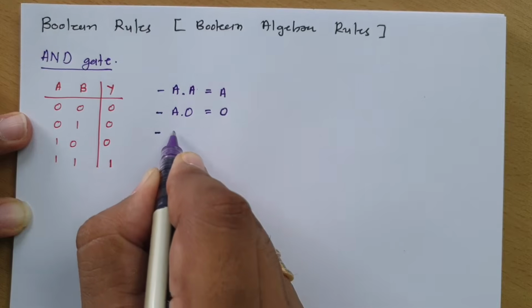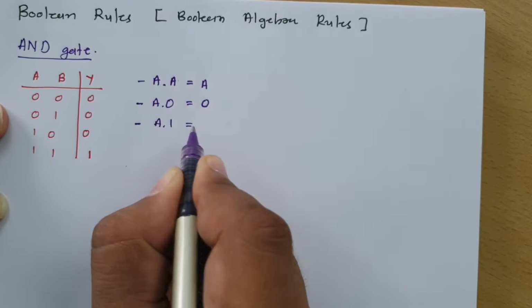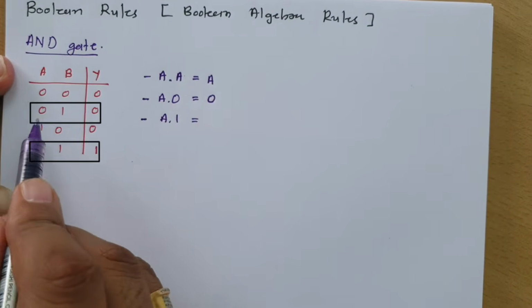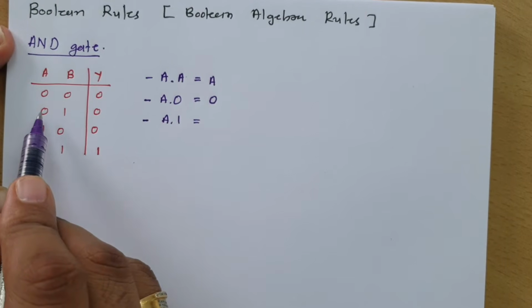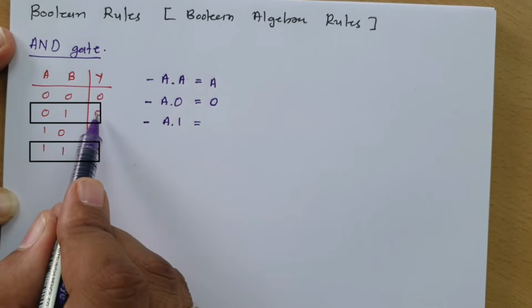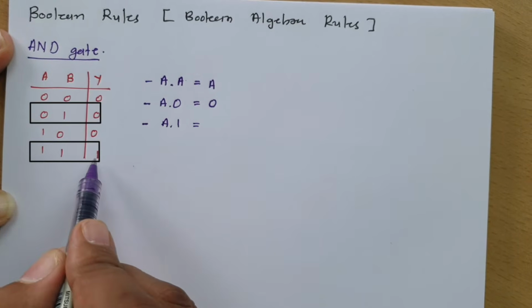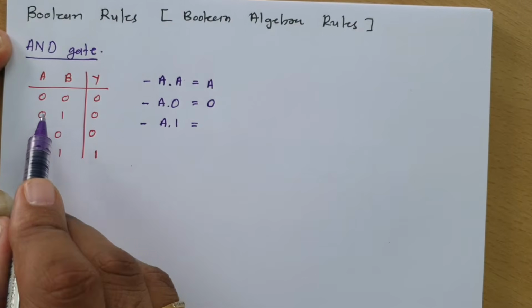Now third is A dot 1. When A is 0, 0 dot 1 is 0, and if A is 1, then 1 dot 1 is 1, meaning that is A only.